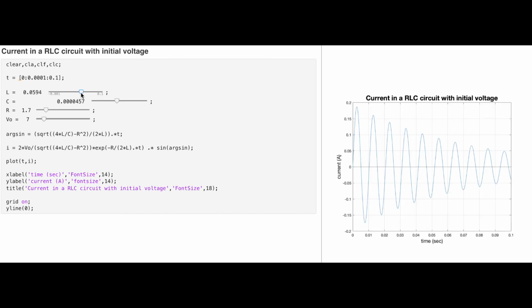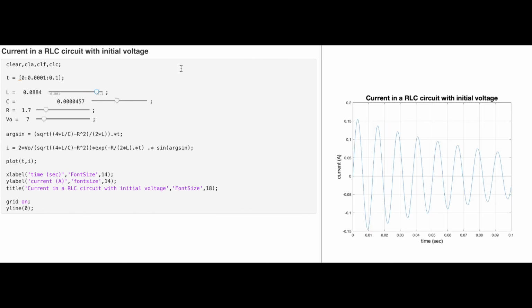So this is good. This is a damped harmonic motion, which is a product of the negative exponential term in front of the sine term. So as time goes on, the amplitude of the response is going to decrease. But what's interesting is the effect that increasing the inductance has on the waveform.